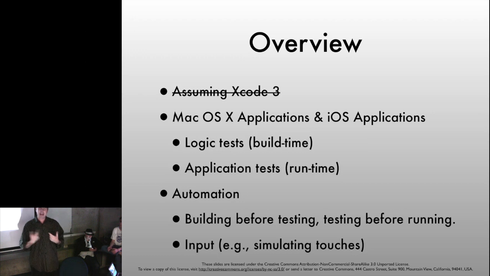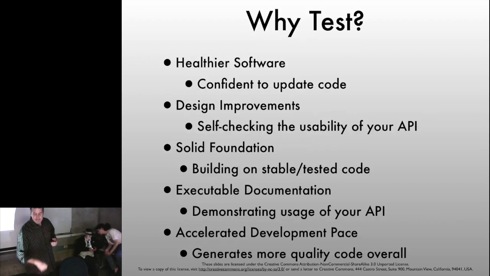One is more of a static analysis, and one is more of a dynamic analysis. And then I'll also talk a little bit about automation, about automating your testing suites that you can run automatically at build time, and also automation when it comes to user interface and gestures, and testing predefined gestures and user interface elements on iOS.